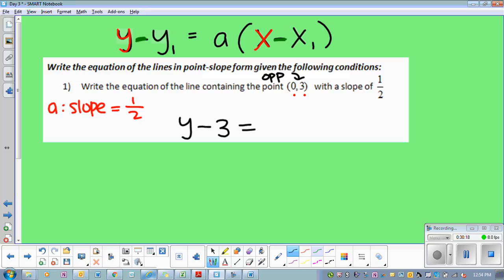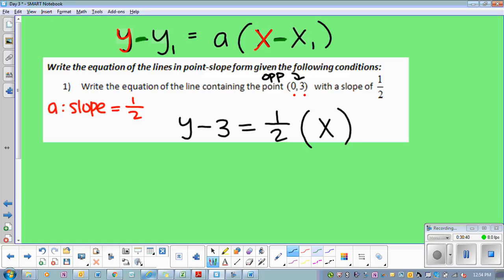Equals 1/2 x, minus 0, parentheses. right? Can I say x? Yeah. If it's a 0, you don't have to put minus 0. Okay? All right.